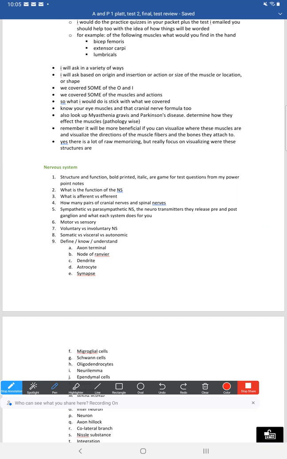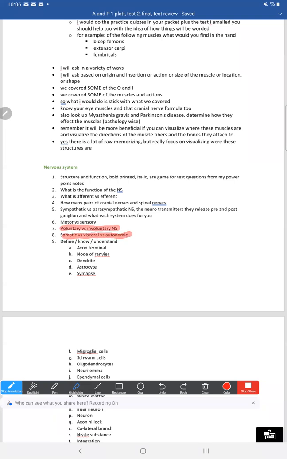Okay, it was somatic. So voluntary or somatic. And then that one is right here. So there's your voluntary versus involuntary, somatic versus visceral.